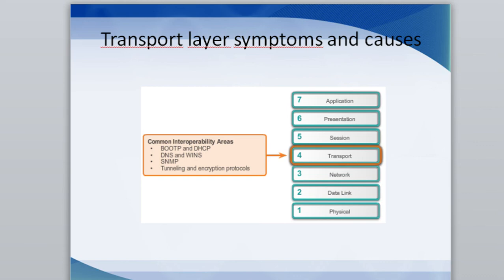They can have trouble issues, and it's happening at the transport layer. Also with the domain name system and WINS, SNMP, and your tunneling and encryption protocols. If something is happening because of that, it is a transport layer issue.